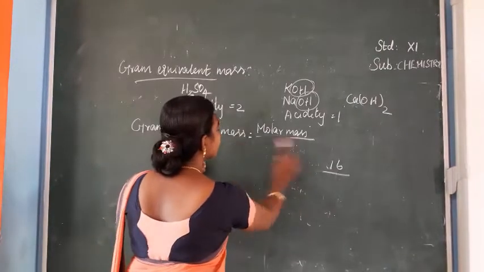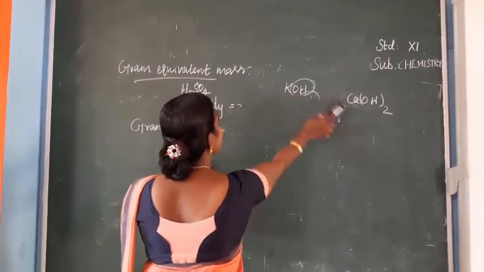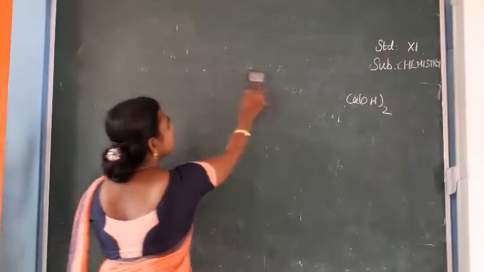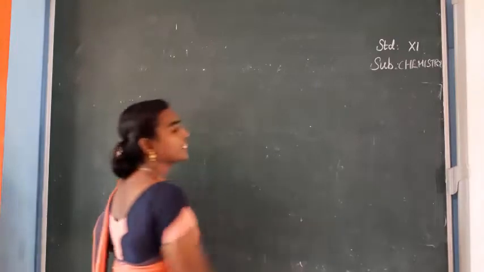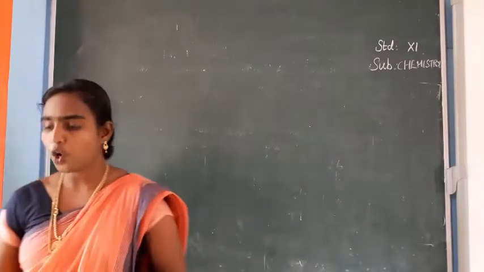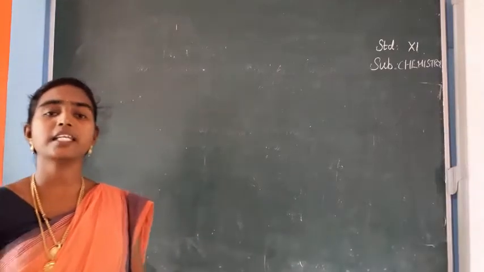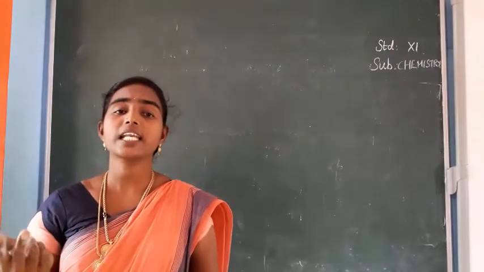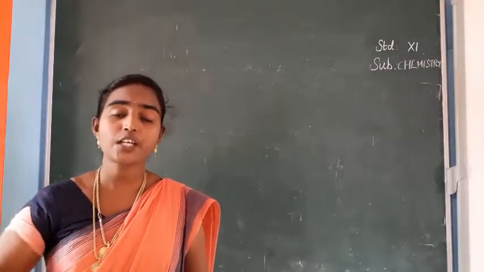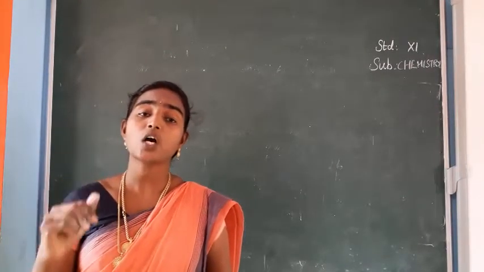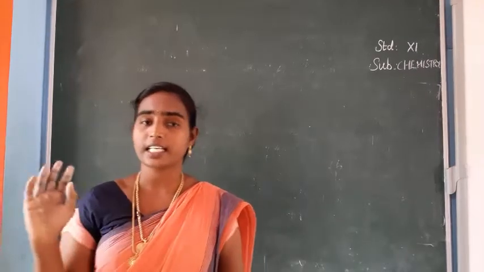balancing the redox reactions. So what is meant by reduction and oxidation? In terms of oxygen we can explain, in terms of hydrogen we can explain, in terms of electrons, in terms of oxidation number also we can explain oxidation and reduction, isn't it?